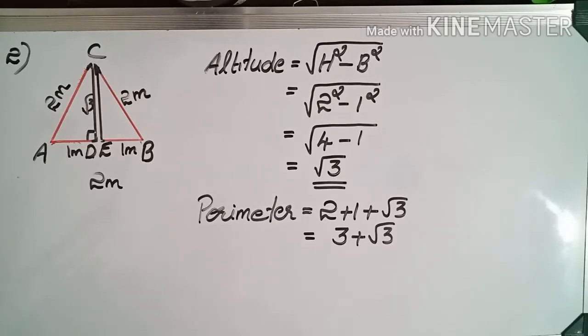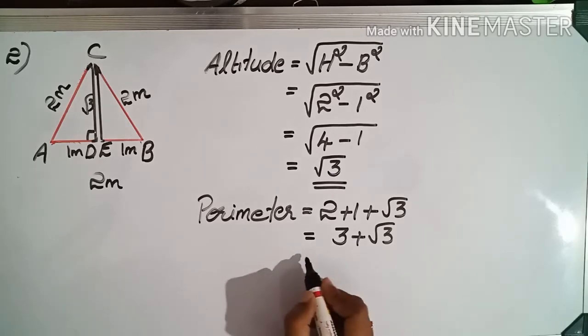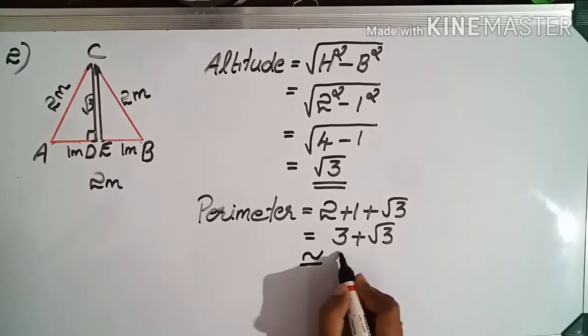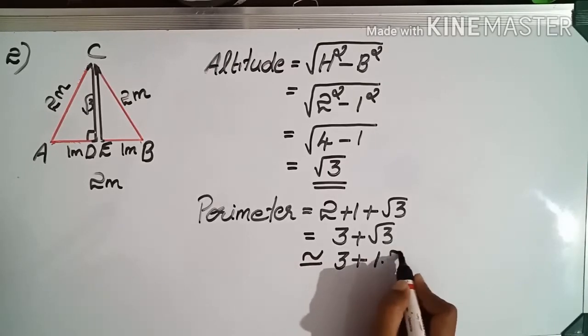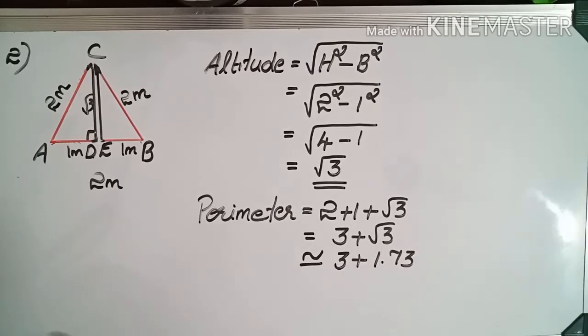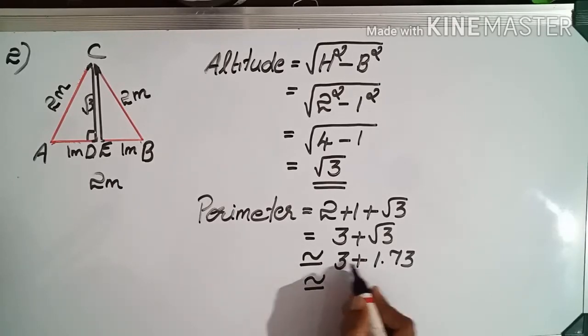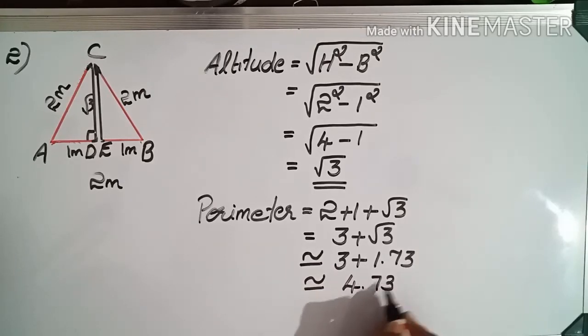So we have to use the approximate value. So this is approximately equal to 3 plus root 3, approximate value is 1.73. So 3 plus 1.73 is approximately 4.73. 4.73 is the answer. Perimeter of one portion is 4.73.